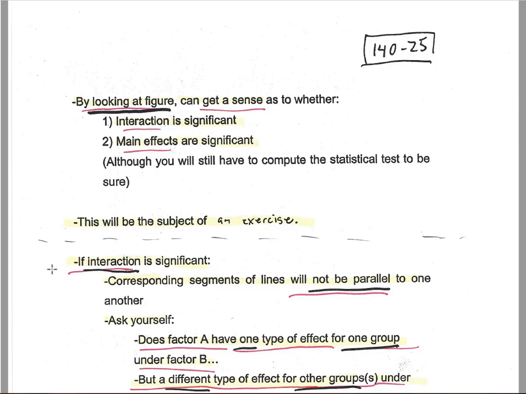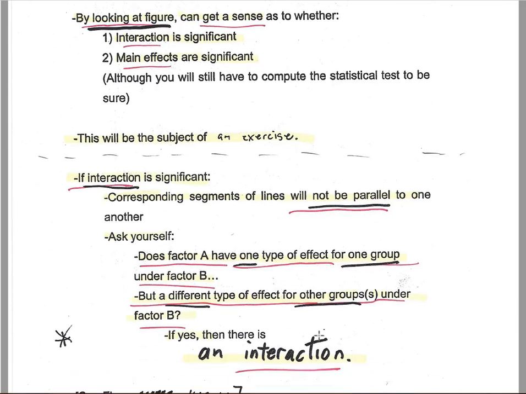If the interaction is significant, then corresponding segments of lines will not be parallel to one another. Ask yourself this question. Does factor A seem to have one type of effect for one group under factor B, but a different type of effect for other groups under factor B? If yes, you've probably got a significant interaction effect.